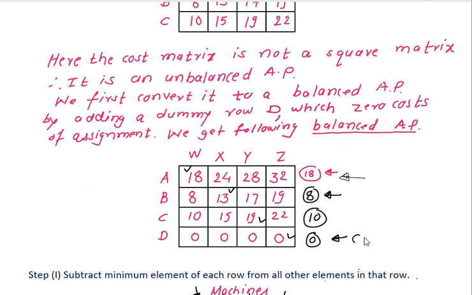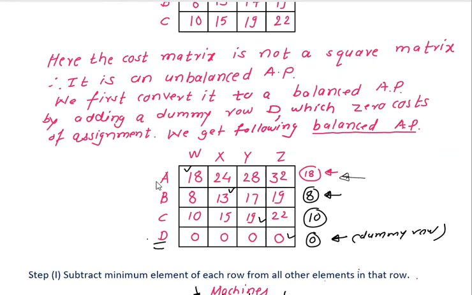Actually this is a dummy row where D is the dummy job. This is a dummy job and we have assigned it to the machine Z. So actually this job does not exist, right? But we have added it so that we can apply the Hungarian method to the square matrix.